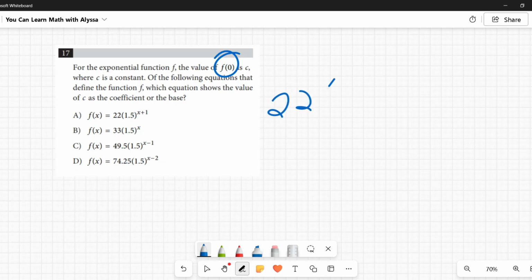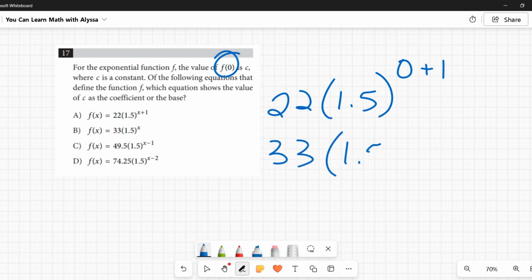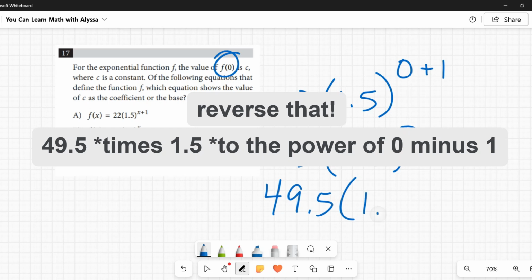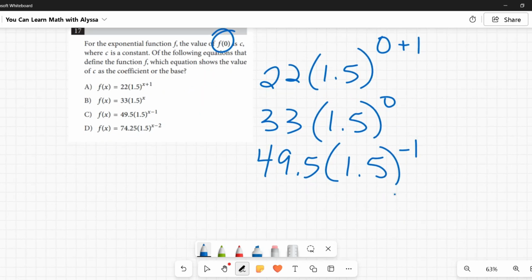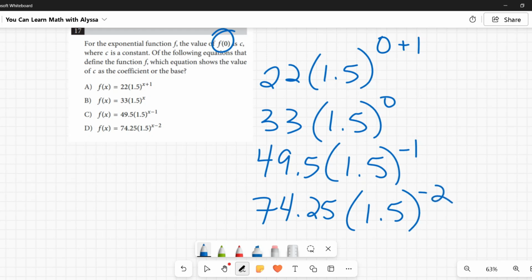So if you did 22 times 1.5 to the power of 0 plus 1, or 33 times 1.5 to the power of 0, or 49.5 times 1.5 to the power of 0 minus 1, or negative 1, or 74.25 times 1.5 to the power of 0 minus 2, or negative 2. If you put these into your calculator, you will get the same answer. You will get a constant, the same number every single time.